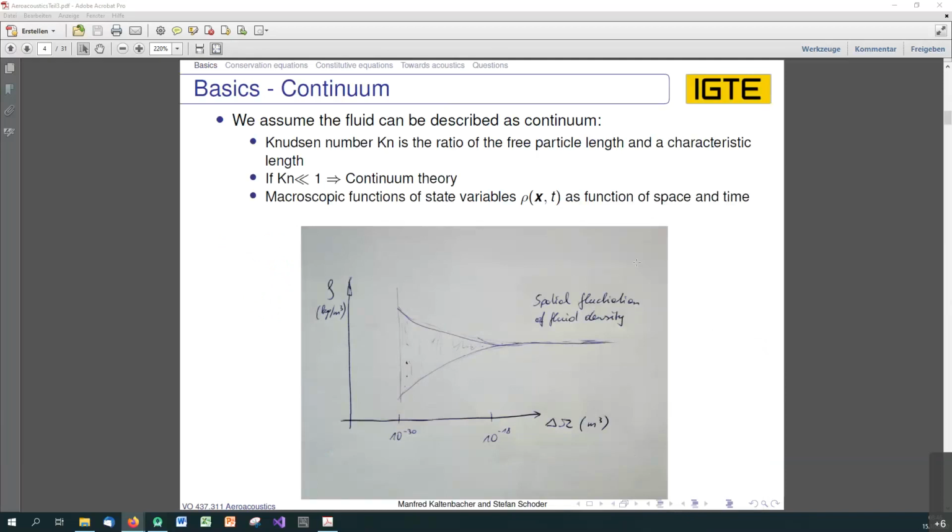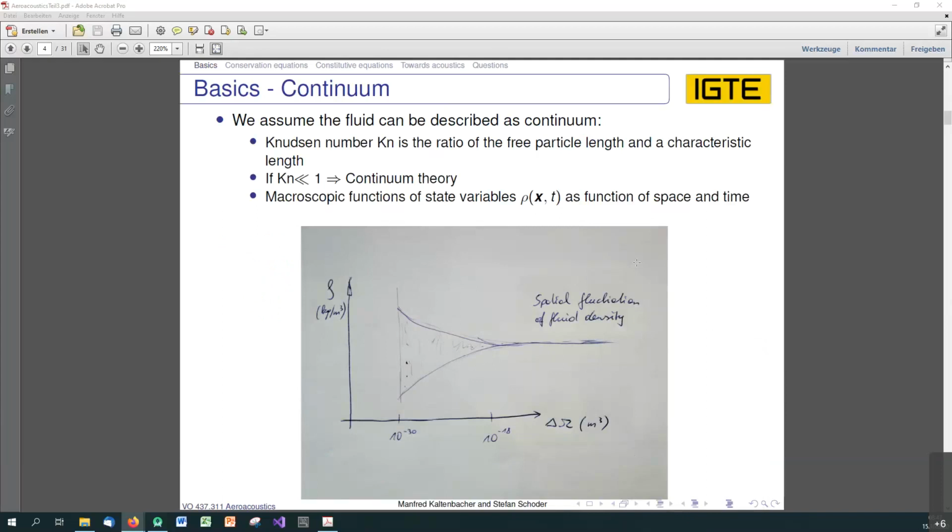First, I will cover some basics in continuum theory. I also covered this in the YouTube online course. Basically, we assume that we can apply continuum theory.